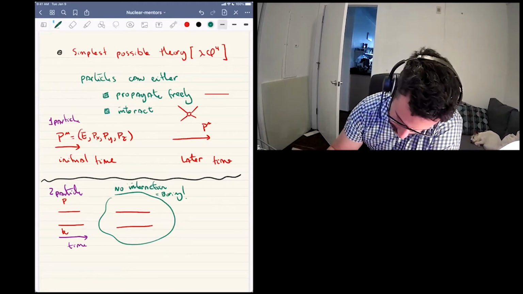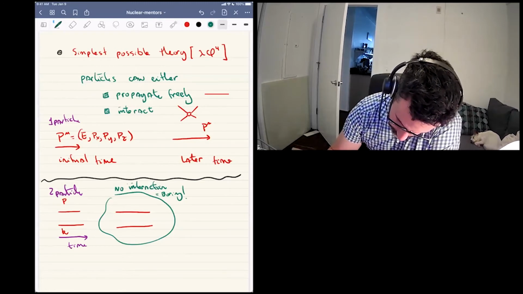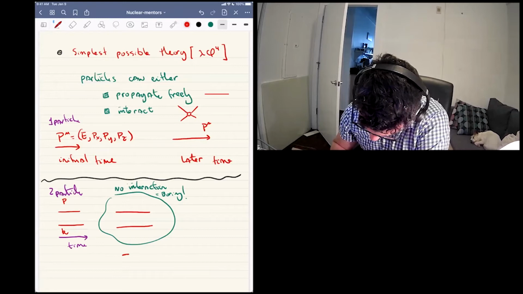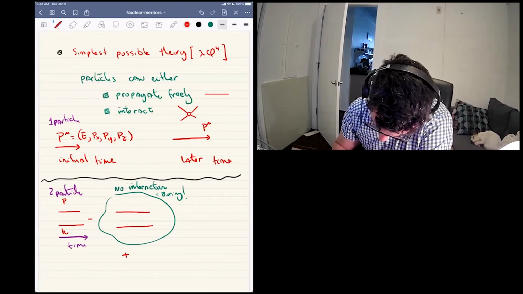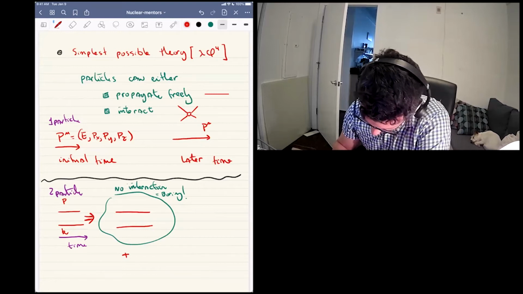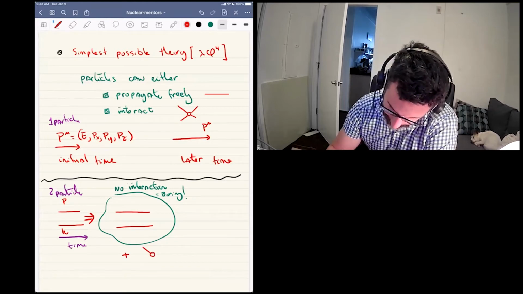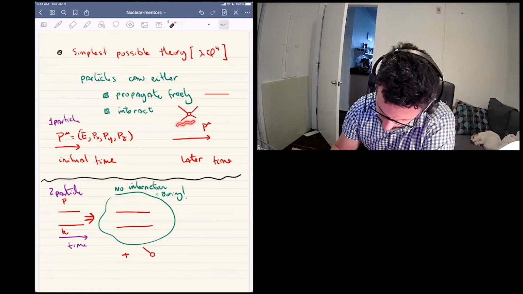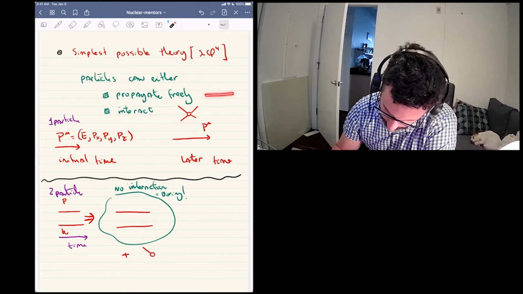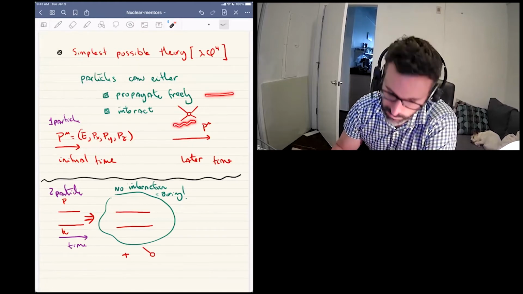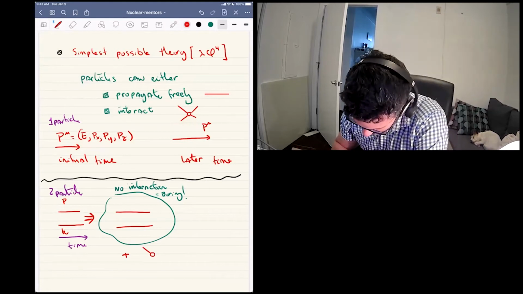What else can happen? I'll add it to it. This is like an arrow saying what are the things that can happen. It's a symbol that I'm making up. The particles can interact, and I'm allowing for that interaction to happen. So I'm letting particles propagate and then interact.